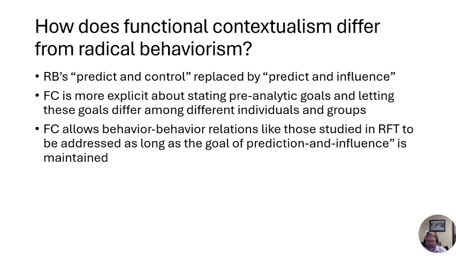Also, it can be a weird term. It sounds weird to control behavior. So we don't want to emphasize the idea that we're trying to control behavior. We want to be practically useful, and to be useful, we have to influence behavior. So that's why we focus on influence rather than control.